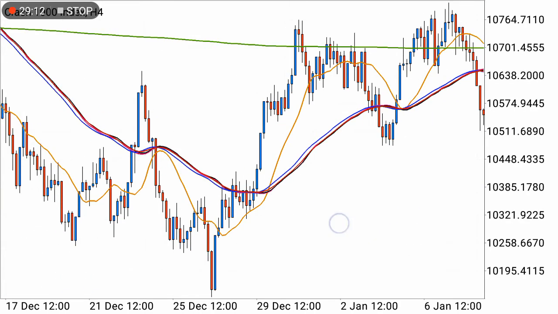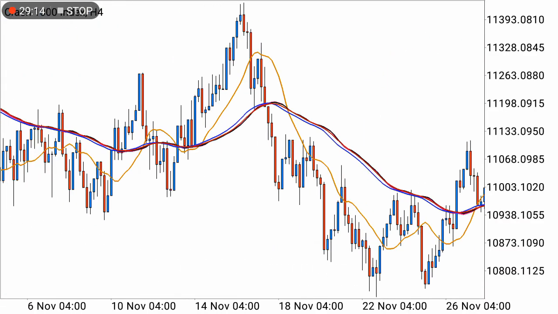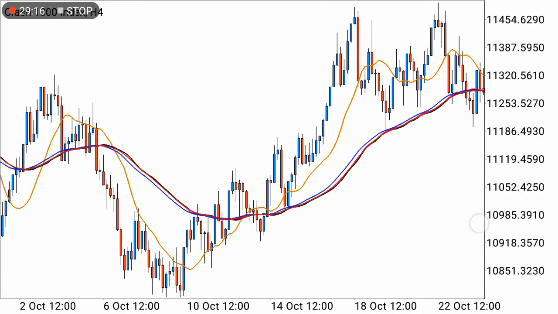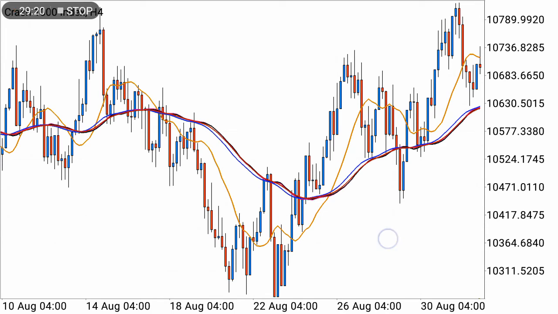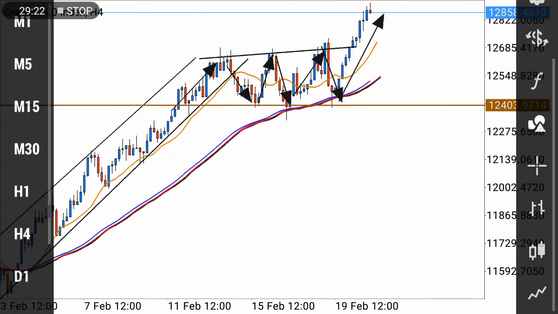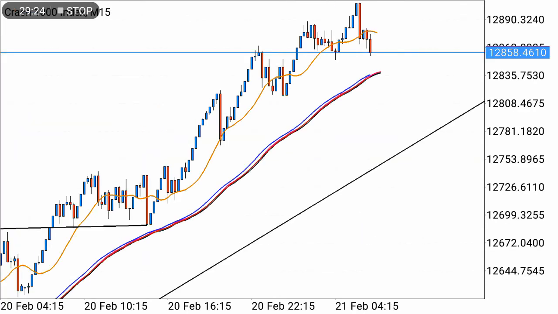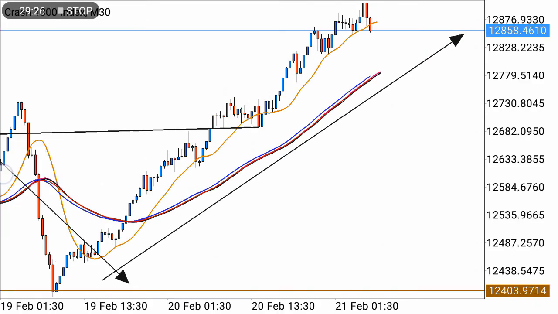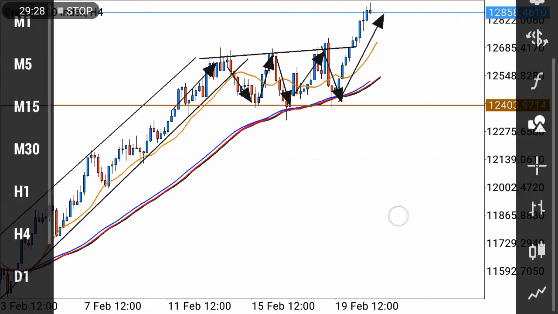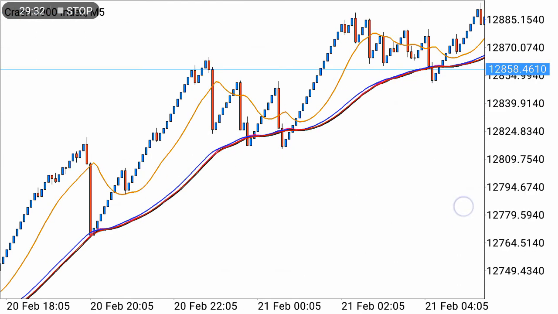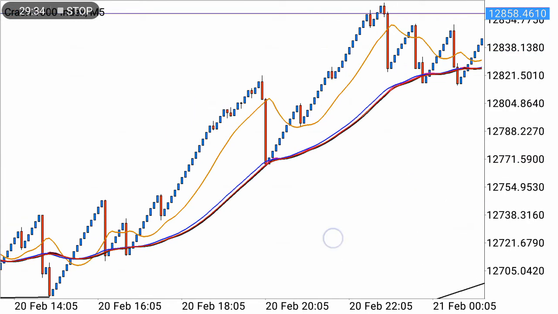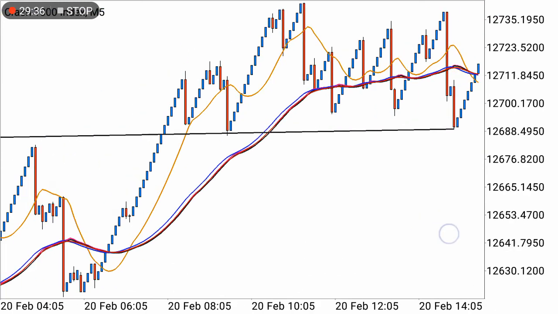Also follow the price action, as I told you in the previous video, that the M and W pattern is a very awesome thing. Find it on M5, no problem. M15, no problem. M30, H1, H4. How do we trade using the M and W pattern? Always remember W for buy, M for sell.